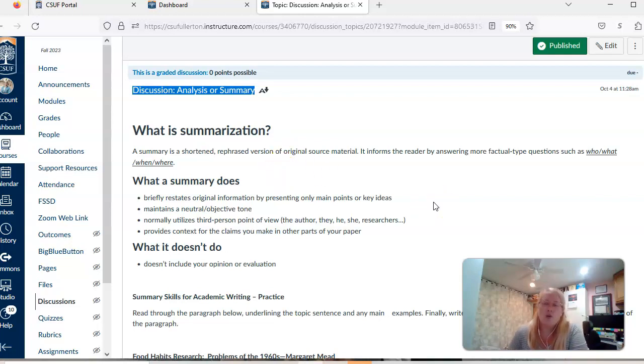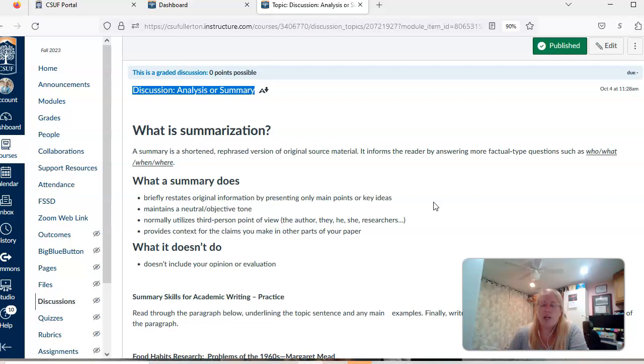I wanted to go over this because for your annotated bib, remember you have two options to complete that annotation. For that 200 to 300 words, you can either do two separate paragraphs or one. Like I was saying in class, the two separate paragraphs is a little bit easier because you're breaking up your summary and your analysis, which we'll go over in a second.